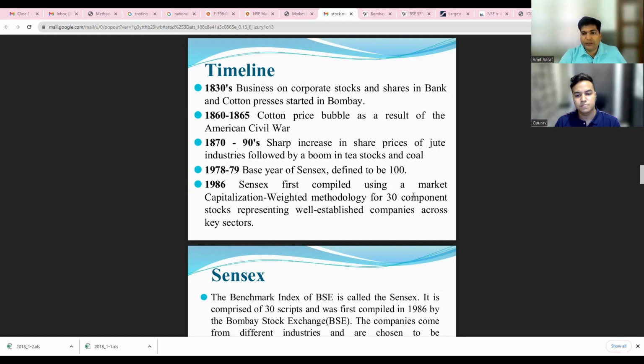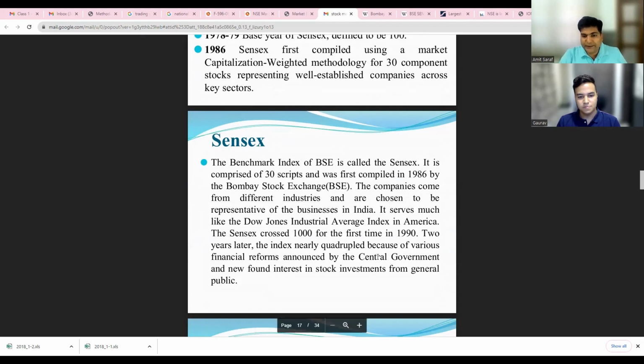And the base year was 1978-79, with a base value of 100. What is this base year and how is the index calculated? We will discuss it later in the index calculation methodology. So this is Sensex, the index which is representative of the Bombay Stock Exchange, or BSE.